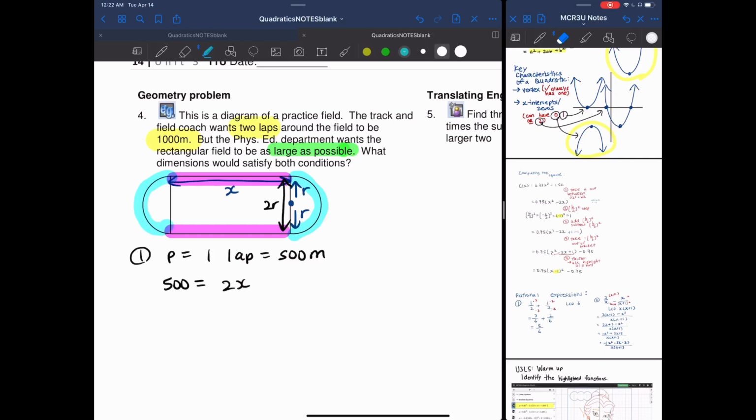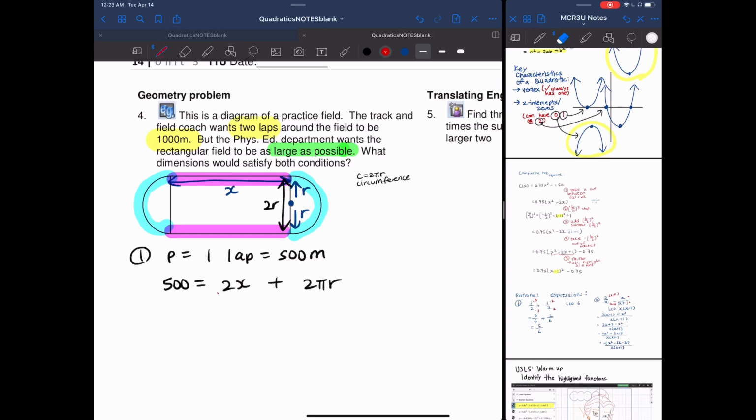When we reflect on where that is, if we put 2 semicircles together, that makes a full circle. That means I need to find the circumference of the circle, and the formula is this. I'm going to put that together and write 2x plus 2 pi r.